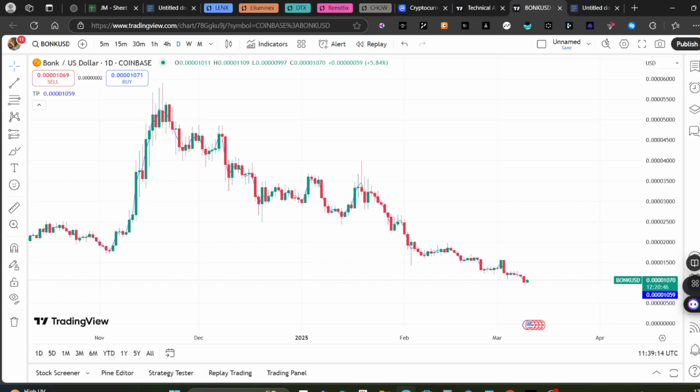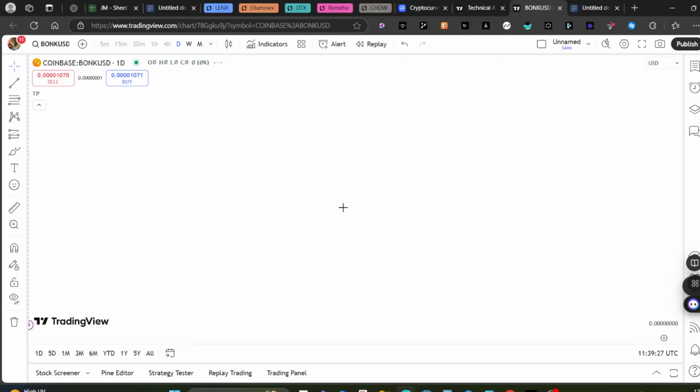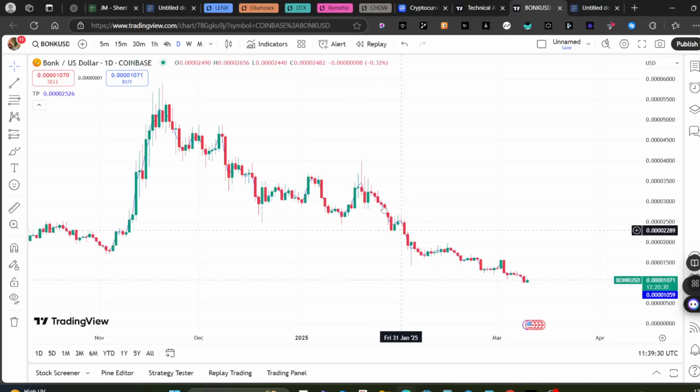The formula is quite straightforward: high plus low plus close divided by 3. By averaging these three prices, the indicator smooths out fluctuations and provides a clearer representation of the market's direction.